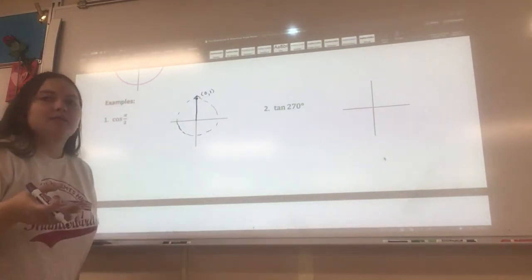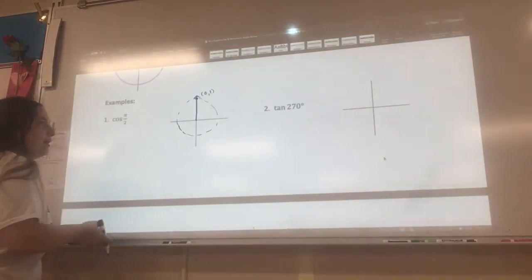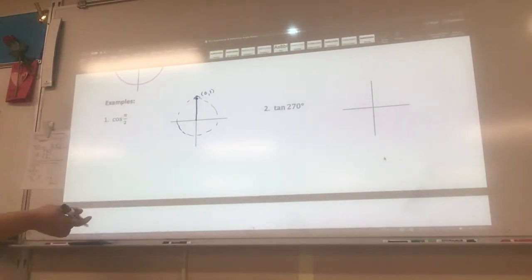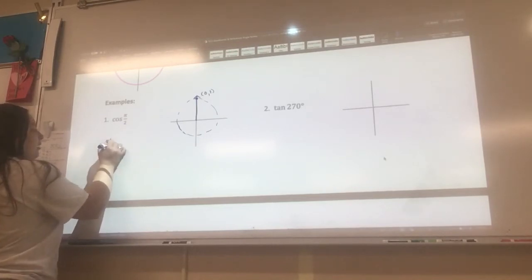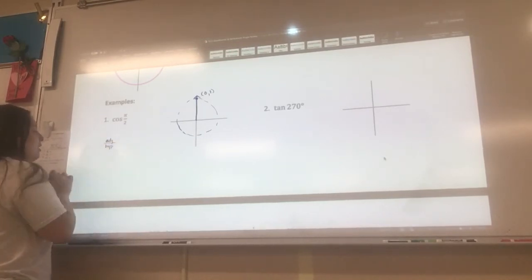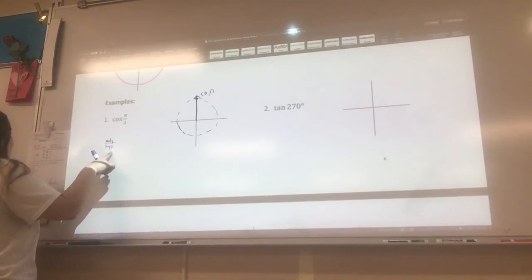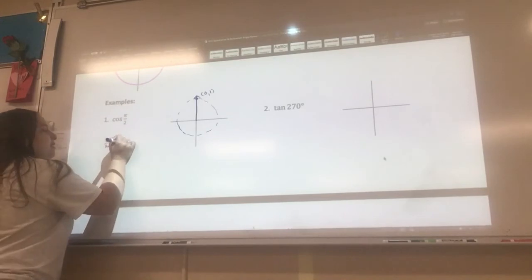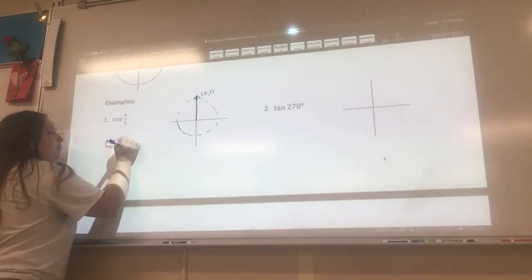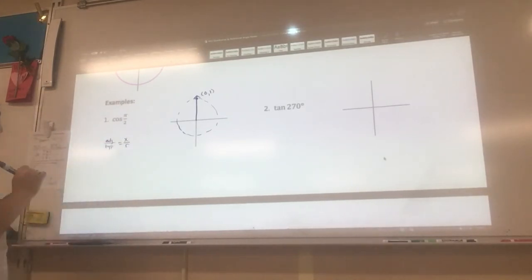But we need to solve. And this says cosine. Well, solving cosine, remember, we said is adjacent over hypotenuse. But remember, adjacent over hypotenuse, back from what we just stated, is our x over our r. Okay?